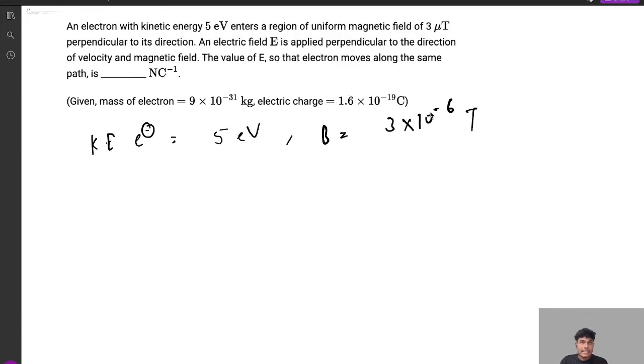An electric field E is applied perpendicular to the direction of velocity and magnetic field. Find the value of E so that the electron moves along the same path.